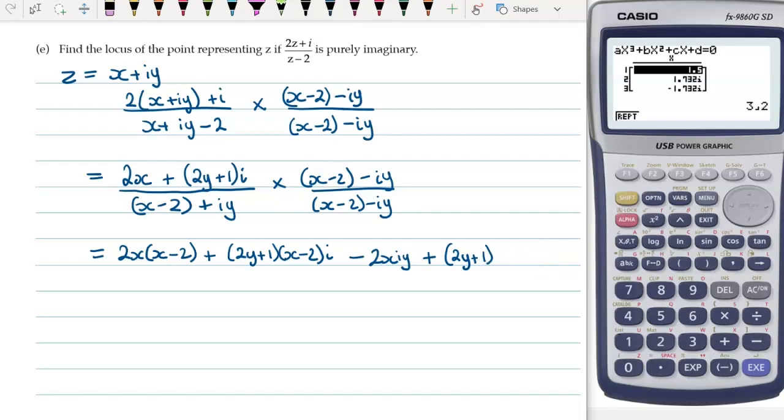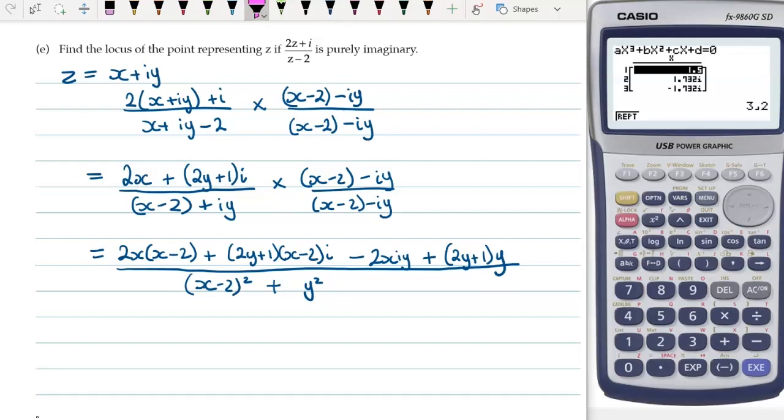Okay, so this one actually turns into this, all over x minus 2 squared minus I squared y squared. The middle term I haven't written out in full here because it would be plus IY times x minus 2 minus IY times x minus 2, so they would cancel. The I squared down here turns into a minus 1 and times it by the minus, so it turns that minus into a plus.